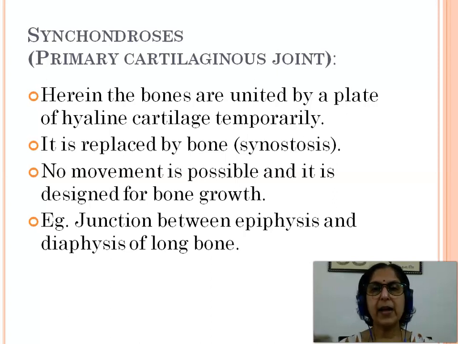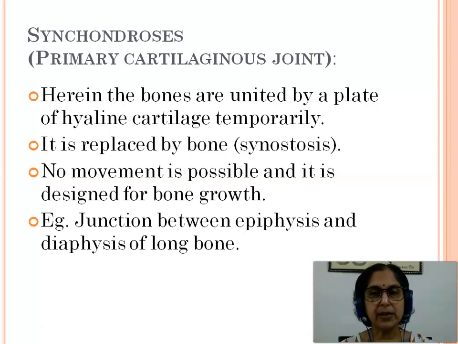When that happens, we talk of 3 parts of the bone, that is the diaphysis, the metaphysis and the epiphysis. Diaphysis is the shaft, metaphysis are the 2 ends, and epiphysis is the junction between the diaphysis and the metaphysis.